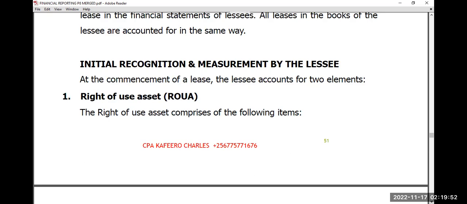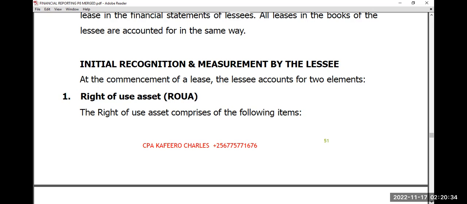We are saying at the commencement of a lease, the lessee accounts for two items, as far as the standard is concerned. One, the lessee is supposed to account for the right of use asset. The right of use asset is the value of the asset in use, the actual asset the person has acquired the right to use.